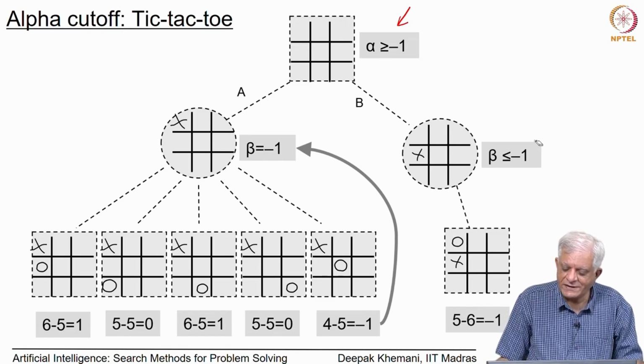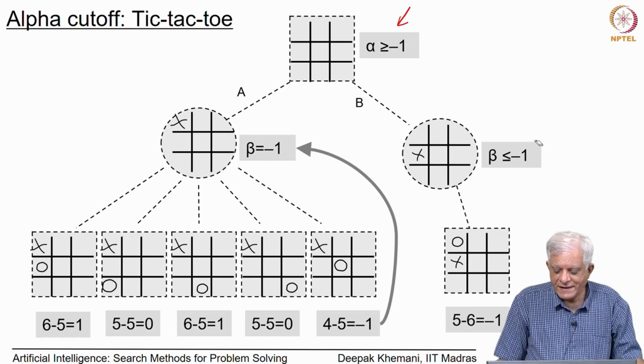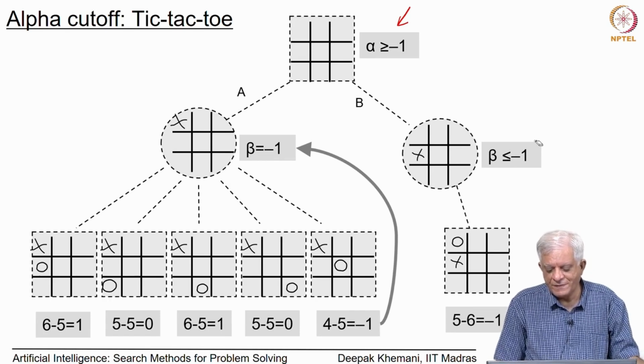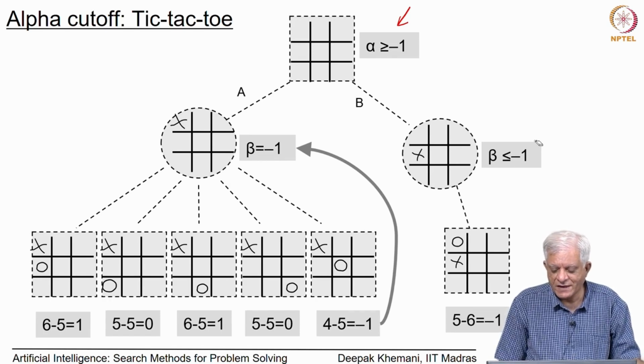The root node has a value which says I want to be greater than or equal to -1, and the node B, which has not yet been fully explored, only one child of B has been seen, but we know at this point that beta is going to be less than or equal to -1, because this value of -1 is an upper bound on this beta node and it is a lower bound on the alpha node.